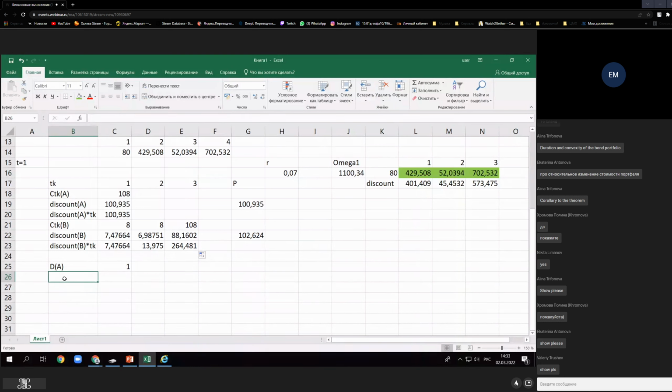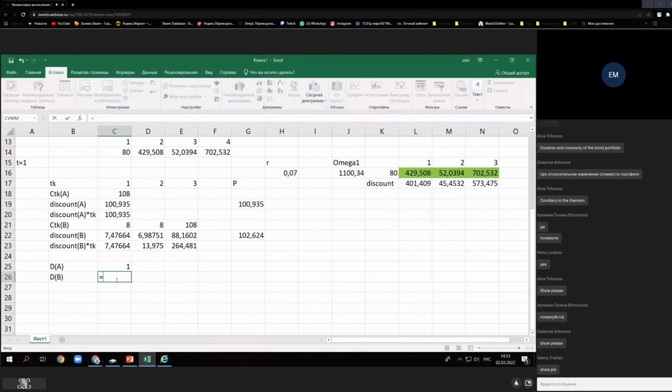And to find the duration of the bond B, you should summarize this discounted multiple to the TK and divide it by the new price of the bond B.